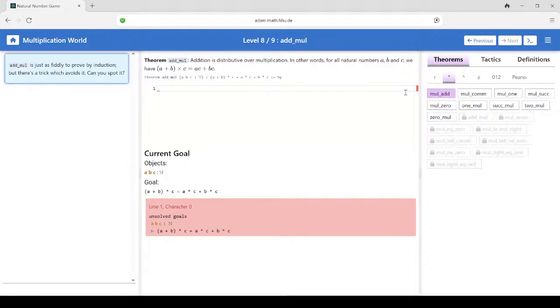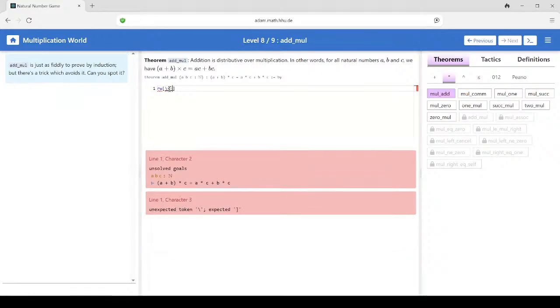Okay, so we just proved this one, and now we're trying to prove its opposite. I think I can prove this without induction. Let me first get rid of the parentheses, like I did last time with my little trick.